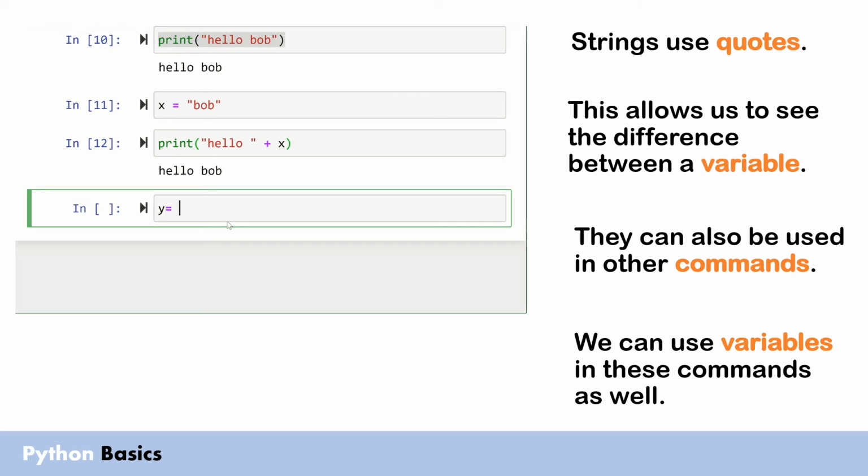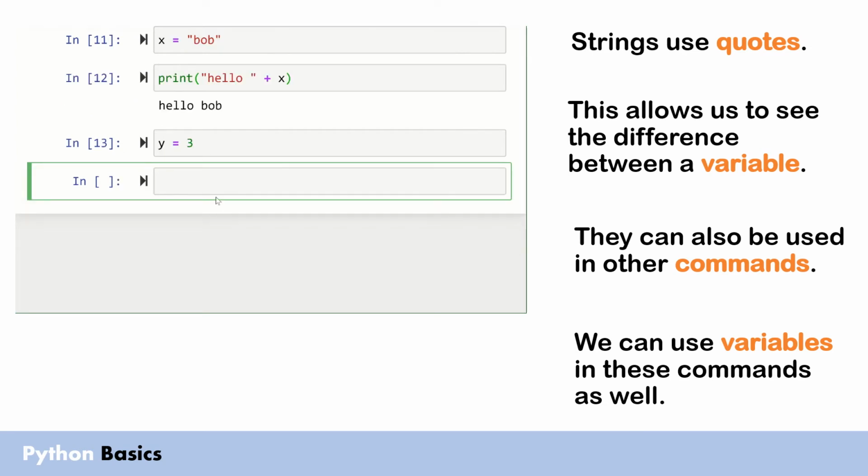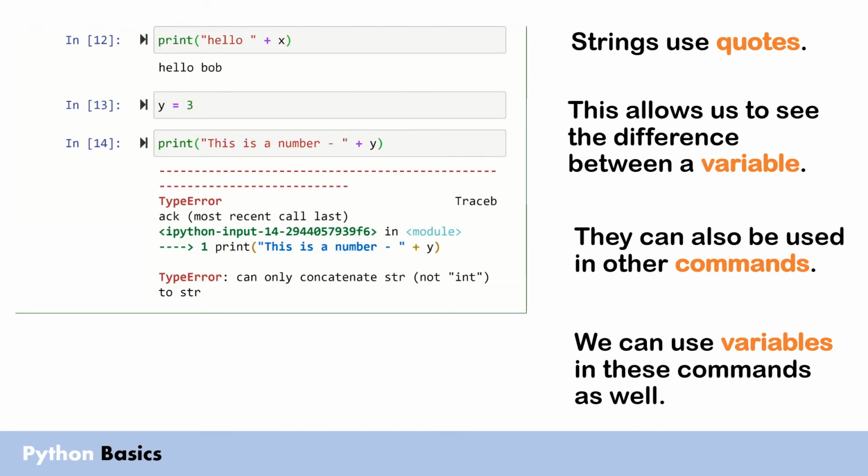What happens if I try and do this with a number? So I'm now going to go print hello. Actually, let's do something else. This is a number, and then I'll put y in there. I press run, and I'll get an error. It says type error. Can only concatenate str, not int, to str. Let's work this one out.